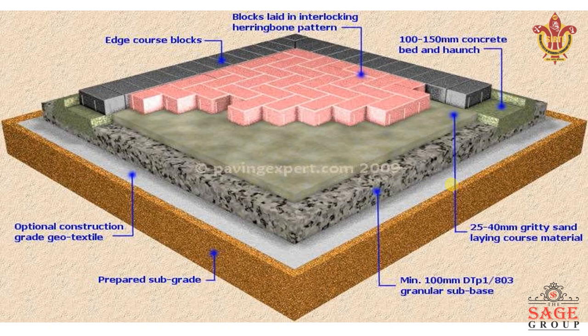There is 25 to 40 mm gritty sand on the laying course material and a minimum 100 mm granular subbase course layer is provided. We have optional construction to provide a geotextile layer, and the lowest and the first layer is the preparation of subgrade.